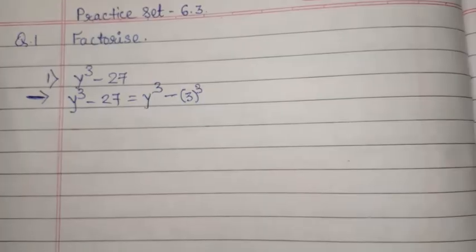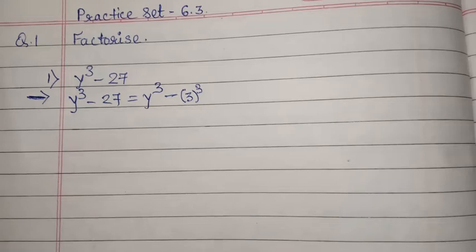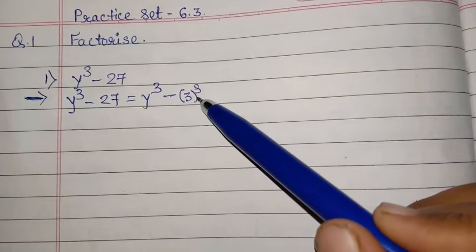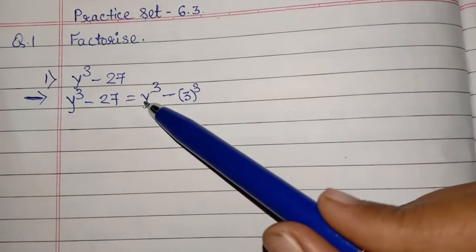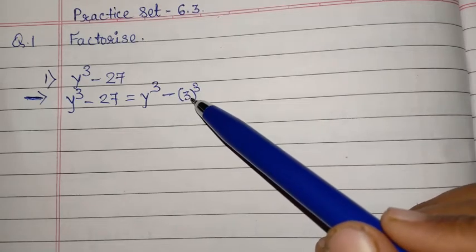So we can write this 27 as 3 cube. See, the first step is y cube minus 27 is equal to y cube minus 3 cube. Now if we compare this with the a cube minus b cube formula, y is nothing but a and 3 is b. So we'll write it in the next step.